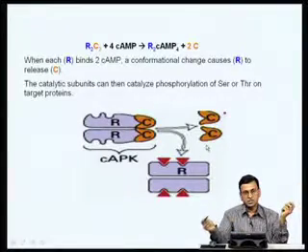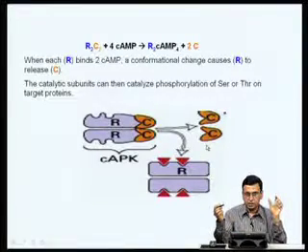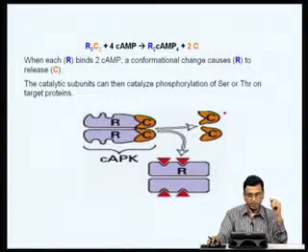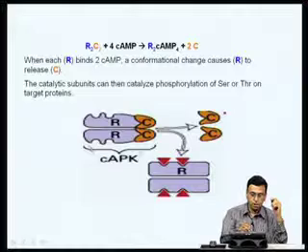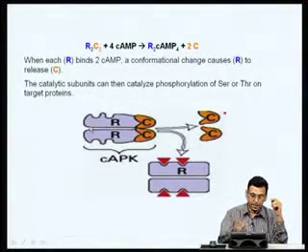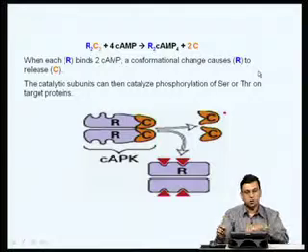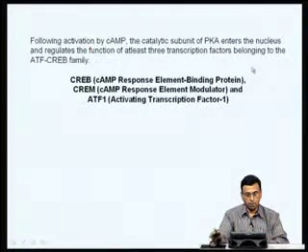It goes inside the nucleus, recognizes the target sequence arginine proline serine in target proteins and phosphorylates the serine residue. So, in the inactive form of protein kinase A, once cyclic AMP binds, the regulatory subunit undergoes conformational change and therefore it no longer interacts with the catalytic subunits. Now, the catalytic subunits are free and they go and do their job.